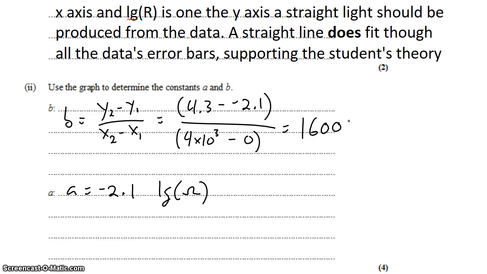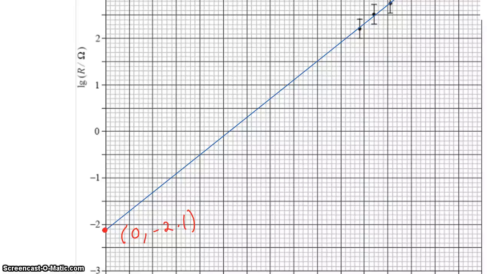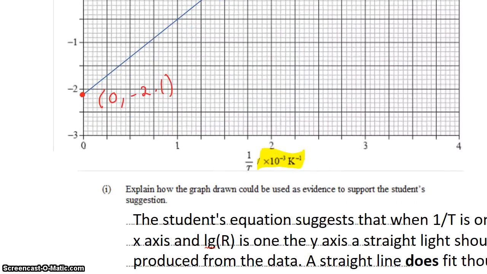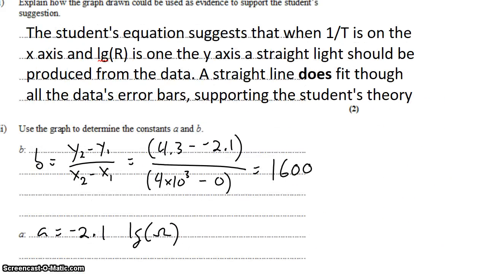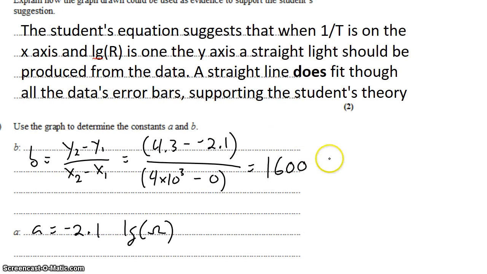The units are a little bit weird again. We have our y unit divided by our x unit. Our y unit we already said was log of ohms, and our x unit is Kelvin to the negative 1. So that's natural log of ohms per Kelvin, which is really just log of ohms Kelvin.